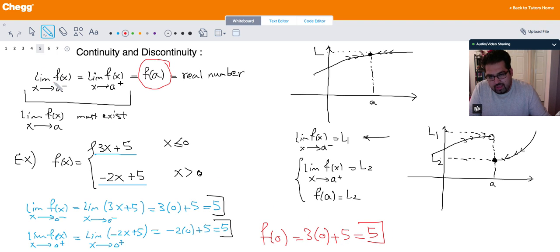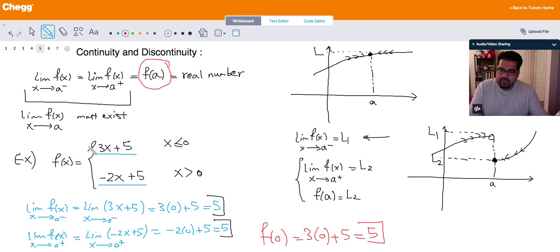So the left limit is 5, the right limit is 5, and the value of the function is 5. So they're all equal. That was the only point we were worried about, x equals 0, and it's okay, and we don't have any issue with that. That's totally continuous.